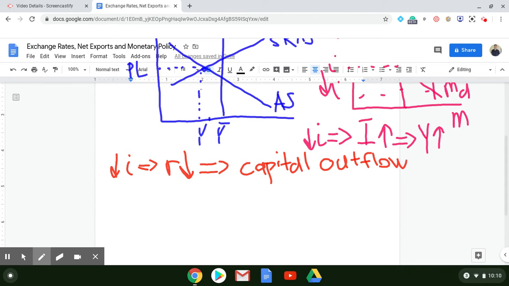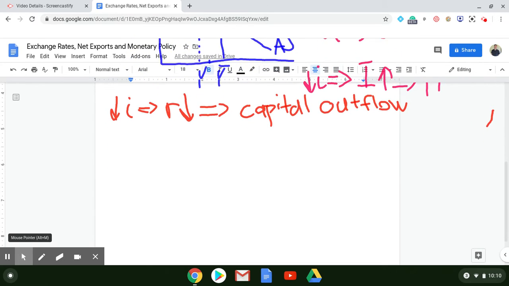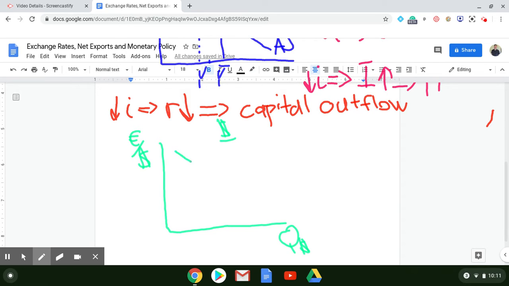Okay. Well, if we remember from a former video, as you have a capital outflow, look at what happens with our exchange rate. So let's say we're the United States, and let's look at euros per dollar. This is the quantity of dollars, the exchange market for dollars, with demand and supply.